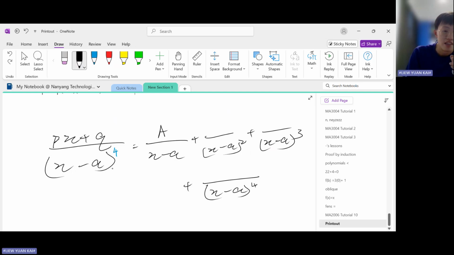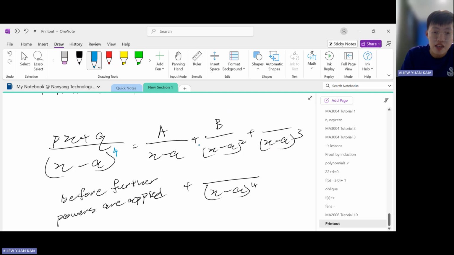That's why I say before further powers are applied. So the answer here is it must be a constant. Why? Because I'm not looking at this as a whole. If you look at this as a whole, this is quadratic, because there's a power 2 here.